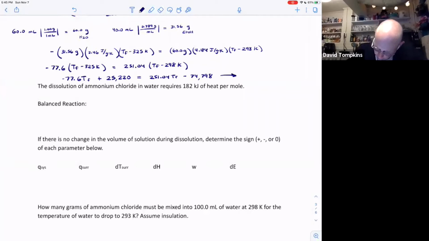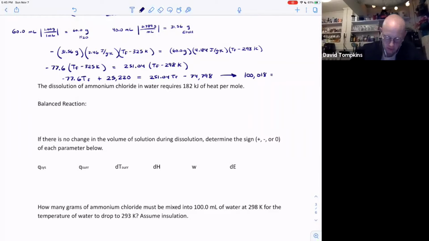So collect the like terms. I'm going to add the 74,000 to both sides. So I get 100,081.